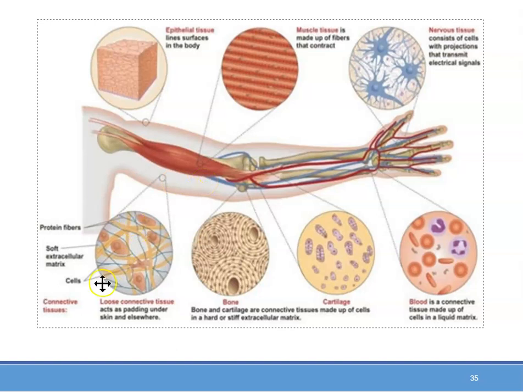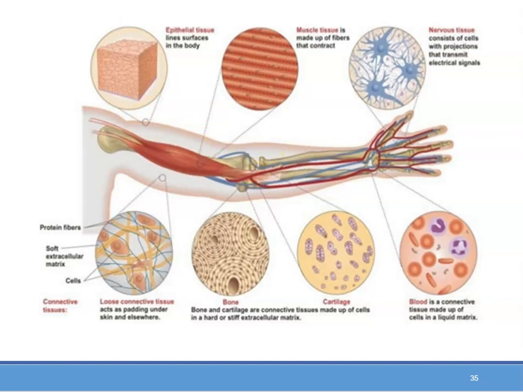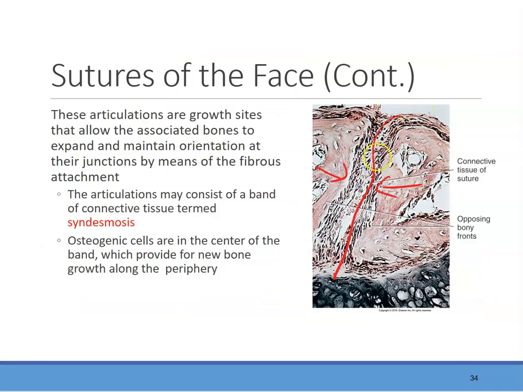That's where all the cells are, where the ligaments are, and where the blood supply is. So connective tissue is the inner tissue. Epithelial tissue is on the outside, then we have the connective tissue, and then we have the bones. So those are your three levels: the epithelial tissue, the outer skin; the connective tissue, where the blood supply and cells are; and then the bones. Connective tissue is basically the inside part of your body.